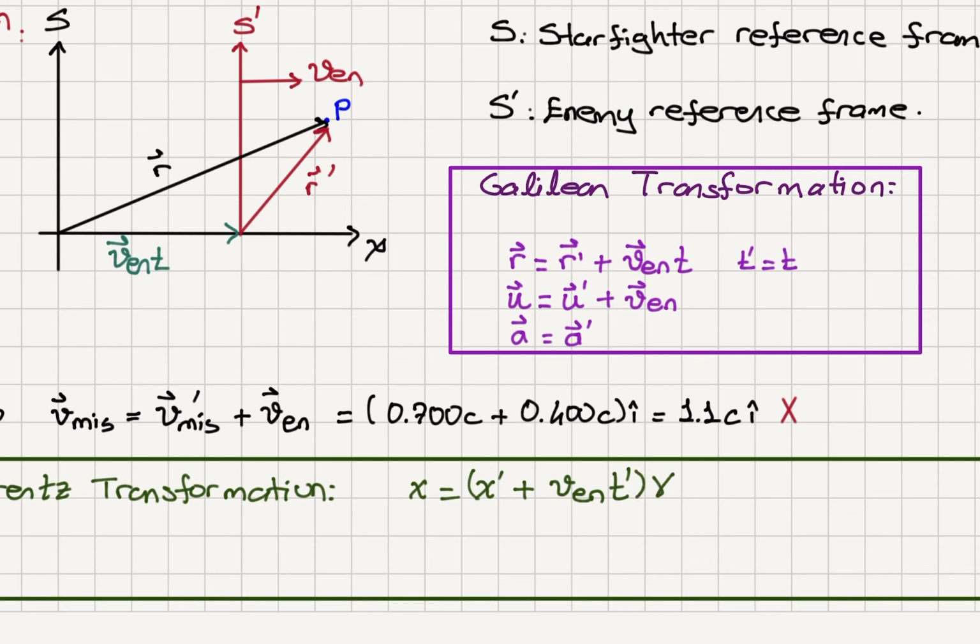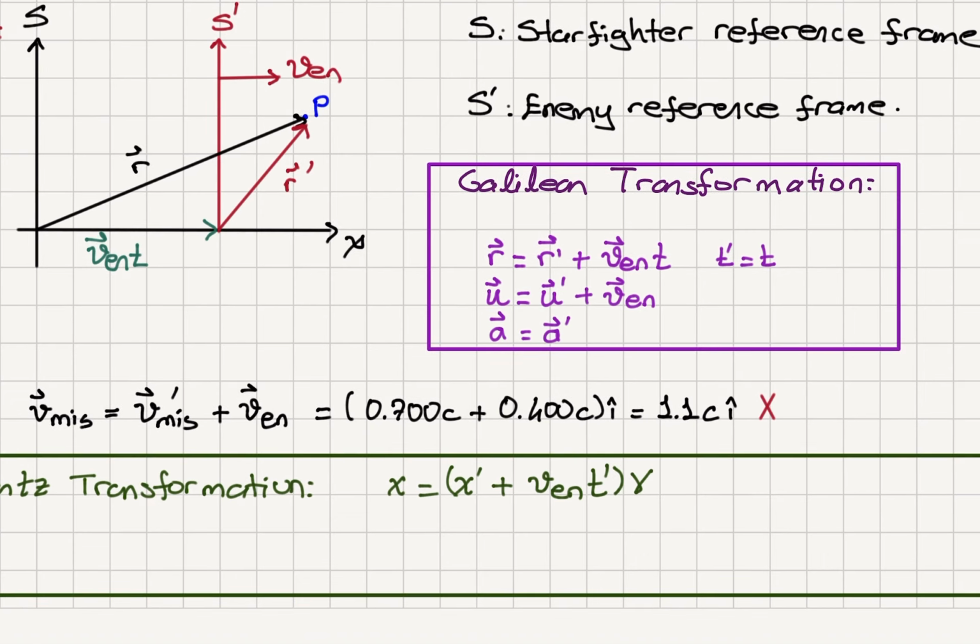Since the motion between these two reference frames is on the x-axis, the y component and z component reported by these two reference frames are the same because there is no motion on that axis.